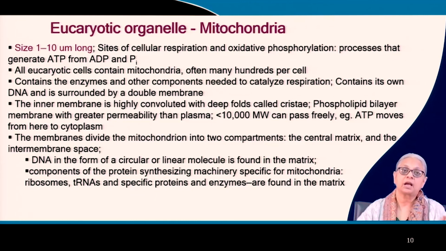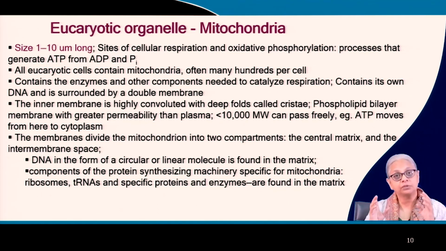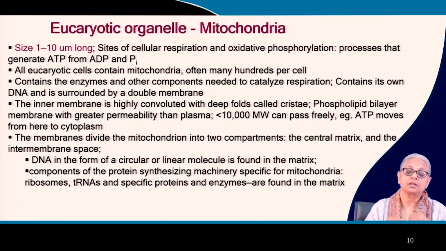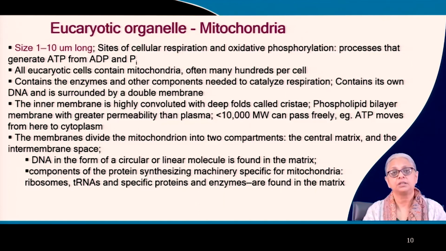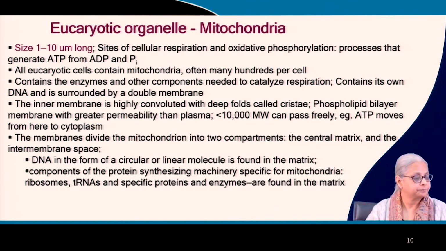So the mitochondria has its own ribosomes, its own transfer RNAs, and specific proteins and enzymes. All of them are found within the central matrix, and these are all the arguments that are provided in favor of the endosymbiotic theory. We will come to that much later.